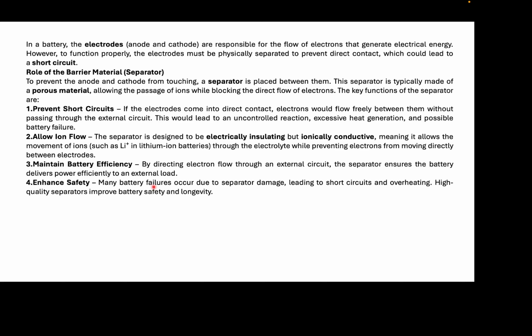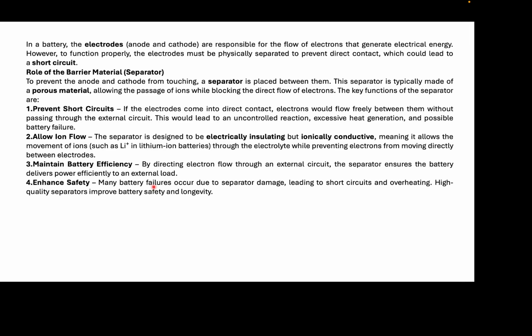So the material we select as a separator should be electrically insulating, but it should allow some of the ions to flow through it, meaning it allows the movement of ions through the electrolyte while preventing electrons from moving directly between the electrodes. And this actually helped us in reducing the size of the batteries.